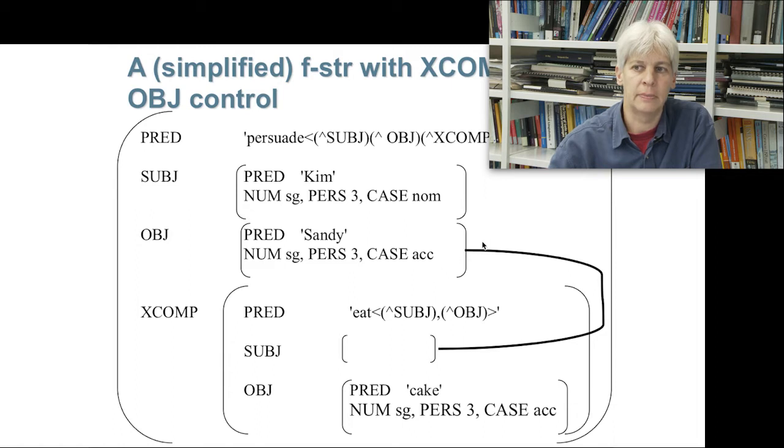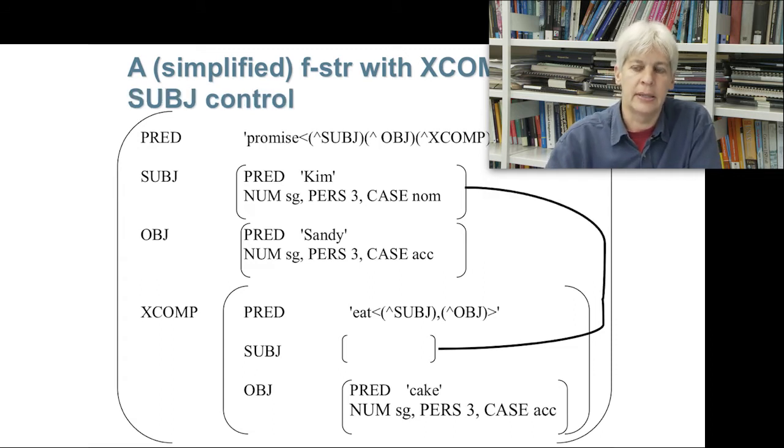This big thick line is supposed to indicate that these two entities are the same thing. The subject of the embedded verb is the same thing as the object of the matrix verb. So this is an object control verb. We say that the matrix object is the same as the embedded subject.